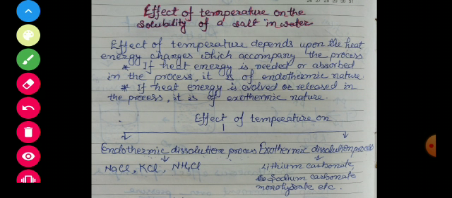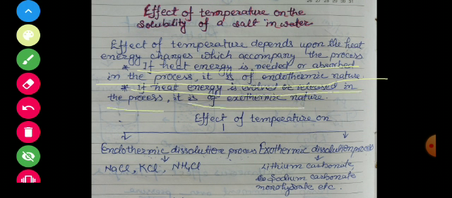First, if heat energy is needed or absorbed in the process, it is endothermic in nature. And another is, if heat energy is evolved or released in the process, it is exothermic in nature. That means the effect depends on which type of dissolution process there is, whether it is endothermic or exothermic. So it depends on these two things.